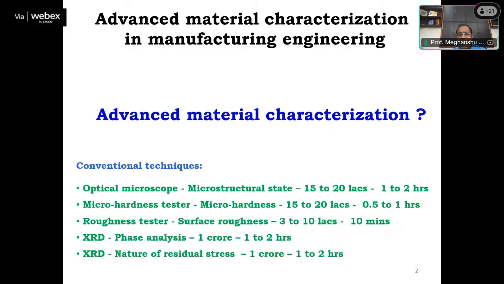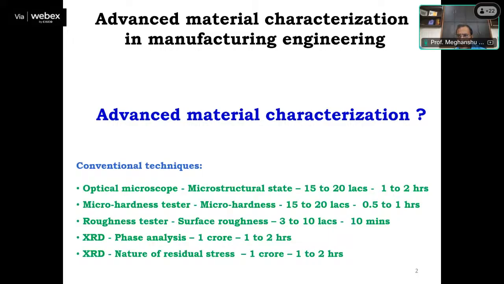That is quite a huge amount, and it requires also more than 1 hour time to analyze the residual stress. So these are the conventional techniques. If we sum up the cost of procurement of all these techniques, then it is around 1.5 crore rupees.